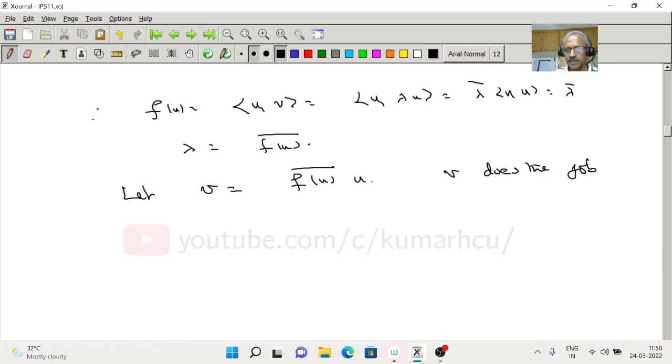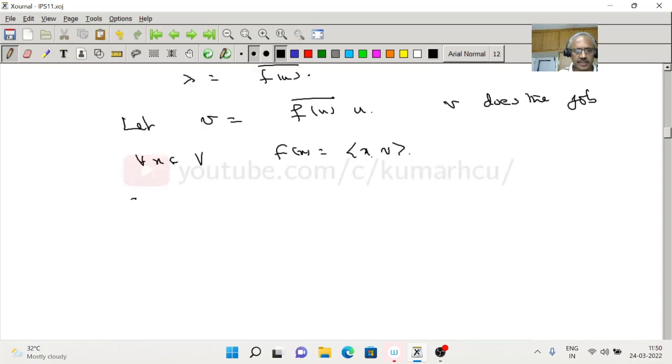What does it mean? That means for all x in V, F of x equals the inner product of x with V, right? Now given x in V, but remember V is W perp. Therefore x I can write as some vector in W plus a scalar T times U. Remember U is in W perp, right?